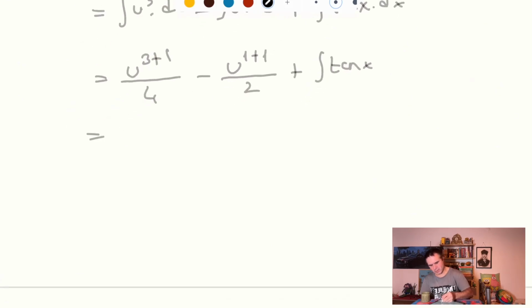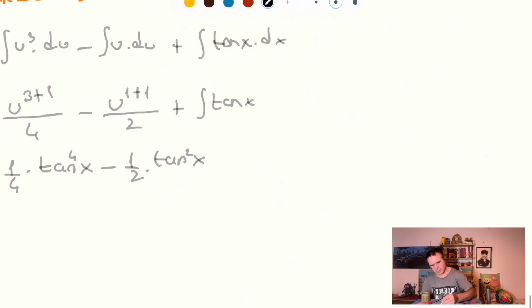Then this is 1 over 4 u to the power of 4, but tangent x was u. Then tangent to the power of 4x, minus 1 over 2 times u square. U was tangent x, so tangent square of x.